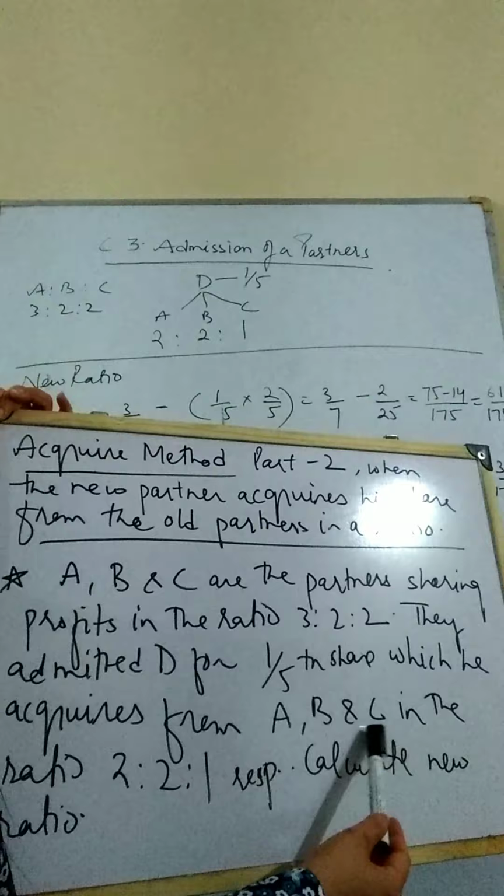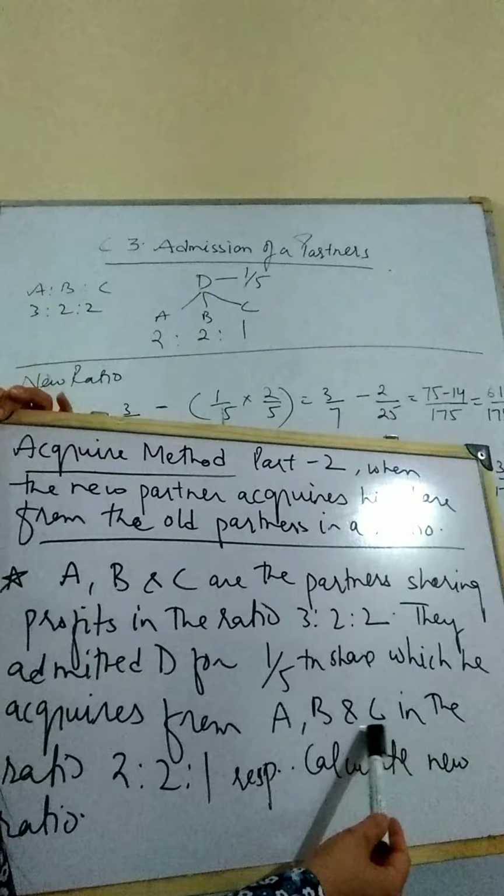In the previous condition, we have seen that acquire method was there. The word from was used, but there was a fraction while taking the share from the old partners. Here we are not given any fraction. We are given a ratio, and the ratio we will convert in fraction.